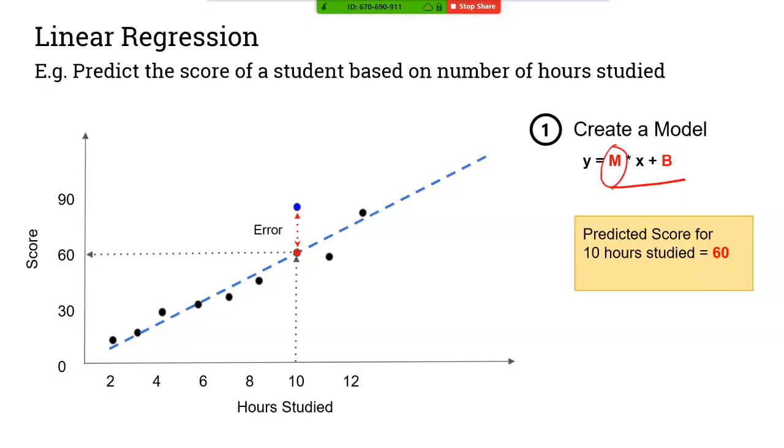If we adjust this m and b, we'll adjust this line as well. So we are trying to see, if this was the predicted score and this is the actual score, what is the error in this case? The error for this particular point is the actual minus the predicted, right?